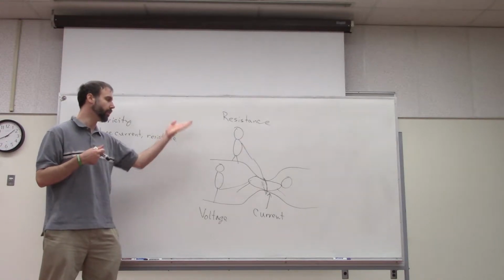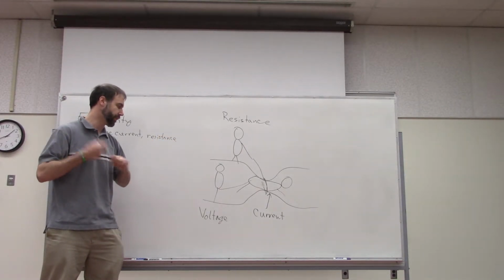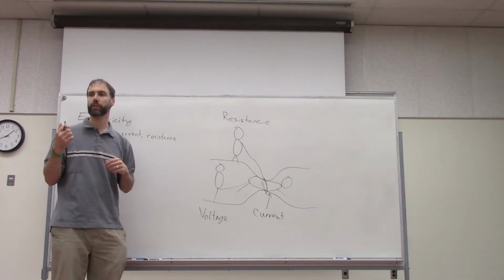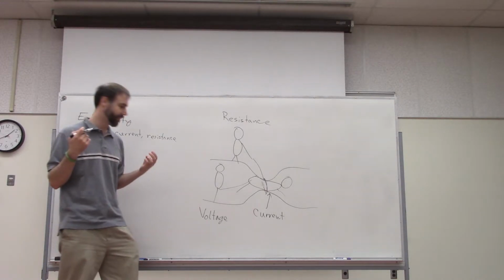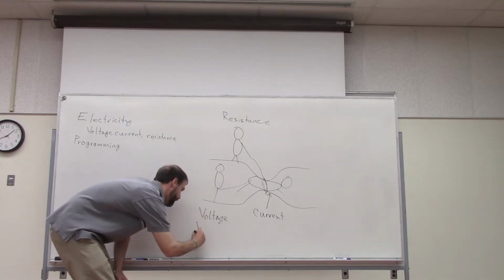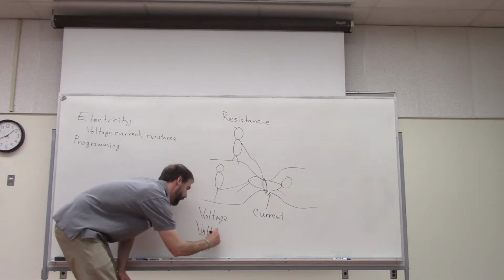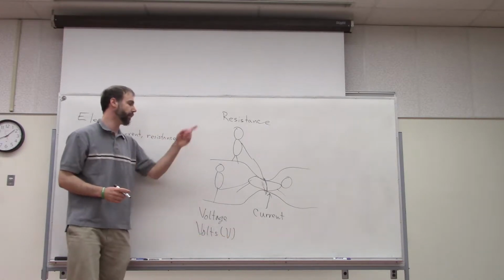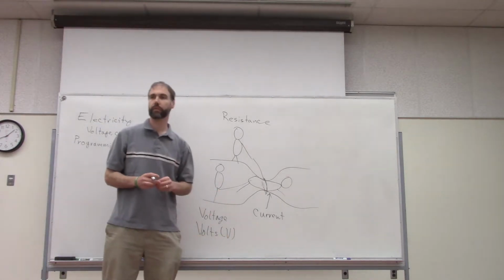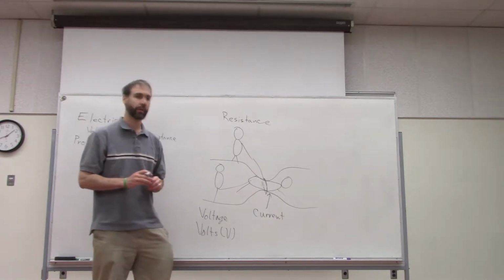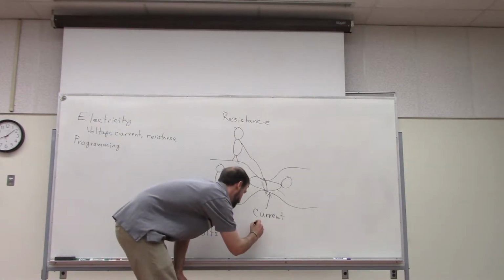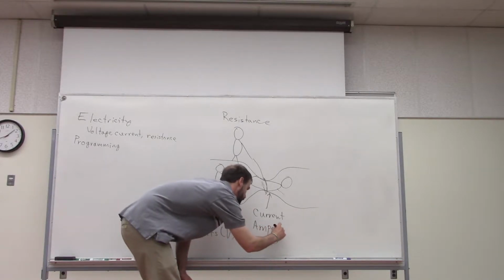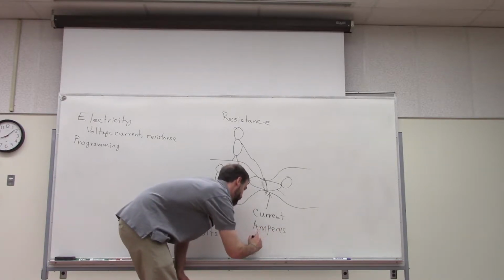So we talked about the units for voltage, current, and resistance. Does anybody remember what the units for voltage are? Yeah, volts, right? And that is abbreviated V. What about the unit for current? Amperes. Amps, yeah. The true name is amperes, but everybody calls them amps.